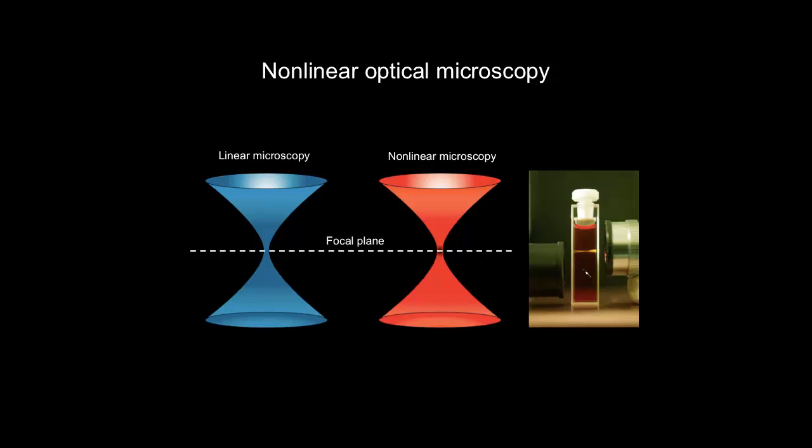When you get far from the focal point, that probability gets much lower, so you just don't generate the signal farther away from the focus.